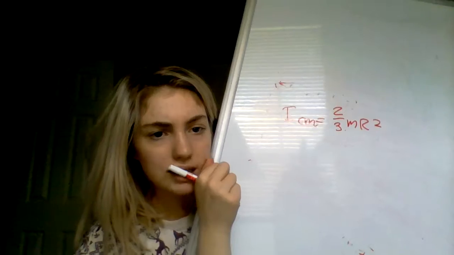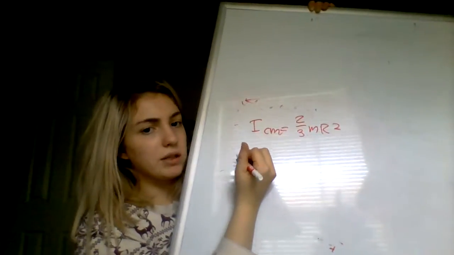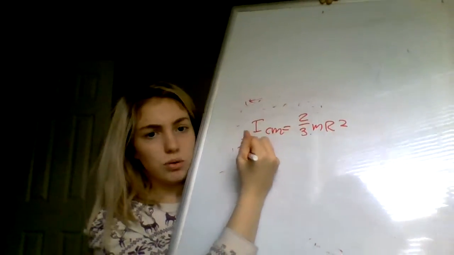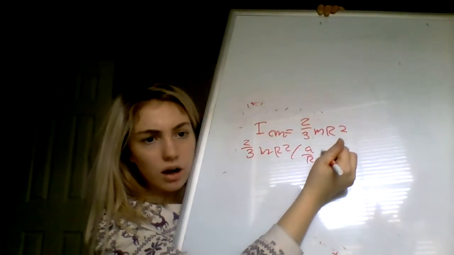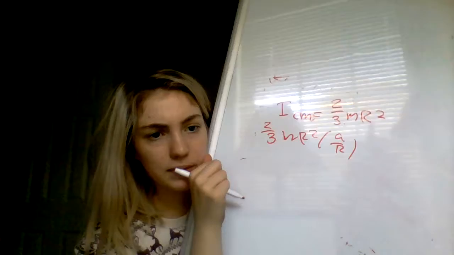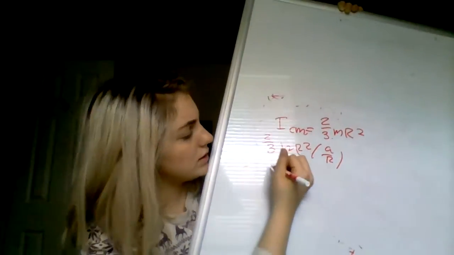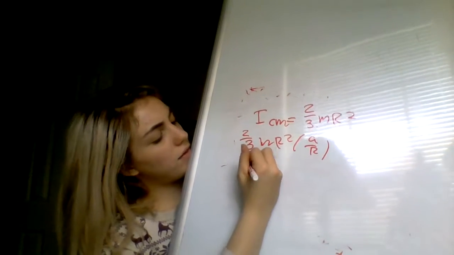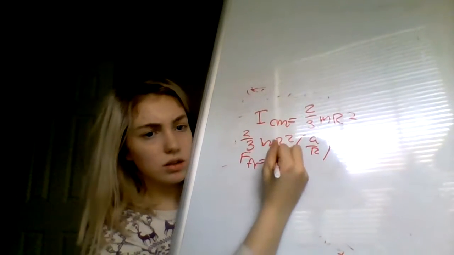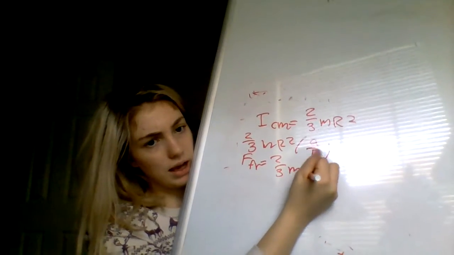And then for a not slipping condition, we're going to use 2/3 mr squared a over r. And then one of our equations given, we have the friction force equals 2/3 ma.